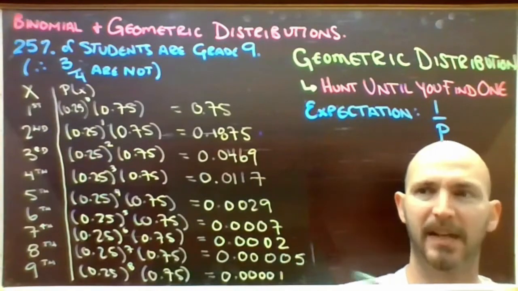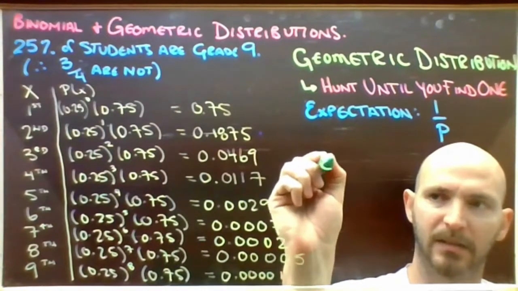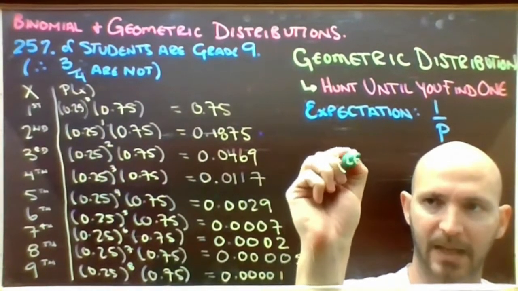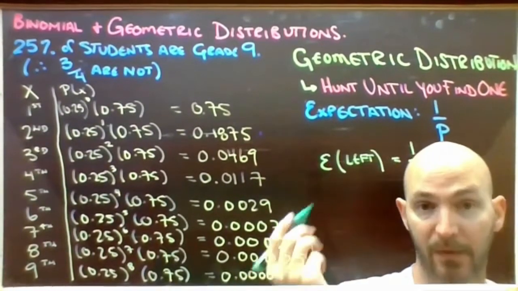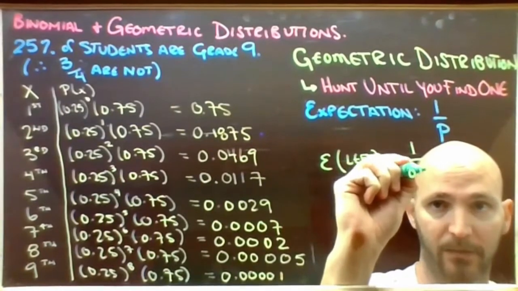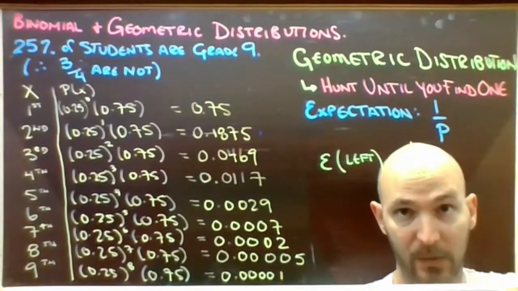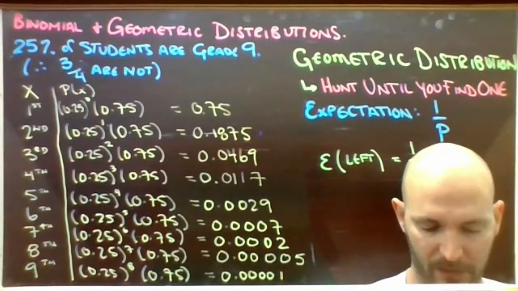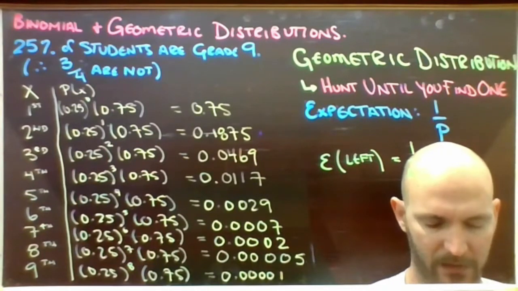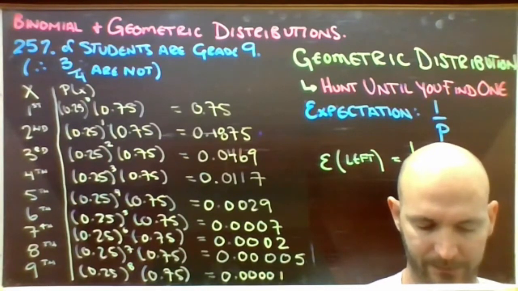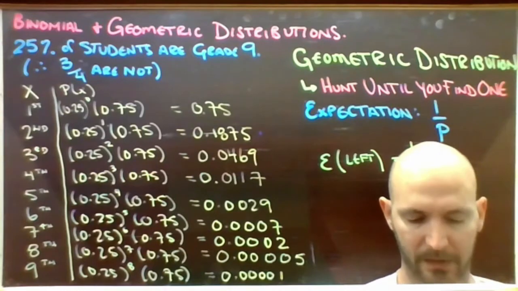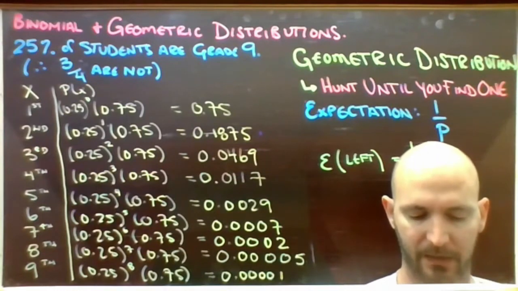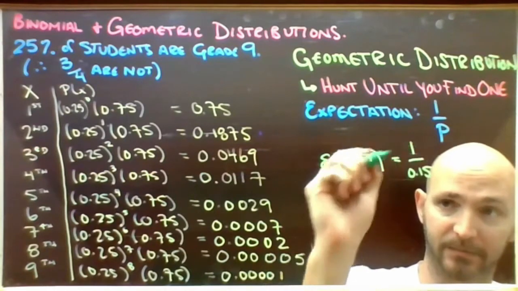So the expectation for a left-hander would be 1 over 15%, 0.15. 1 divided by 0.15 is 6.667.